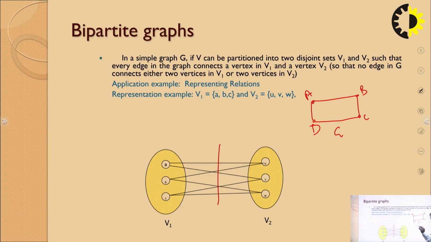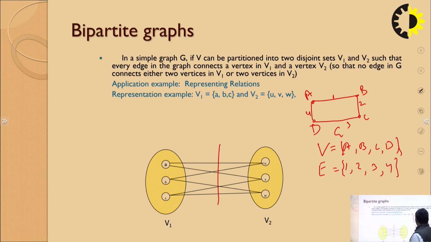Here the vertices are V equal to A, B, C and D, and the edges are E equal to 1, 2, 3, 4.